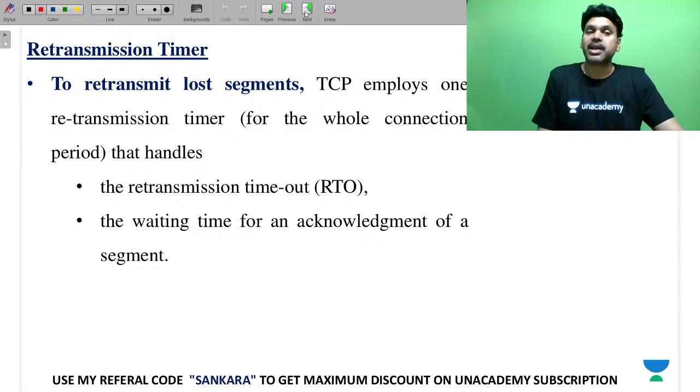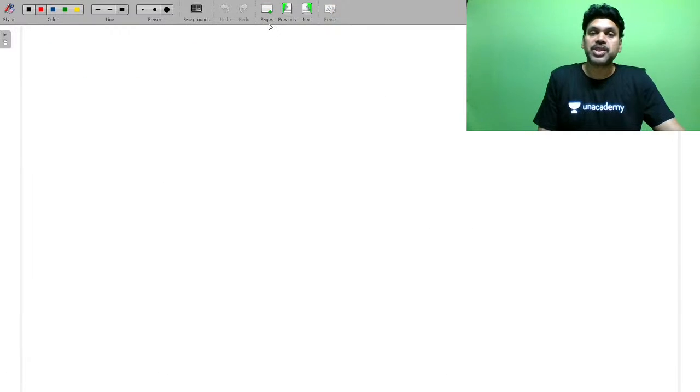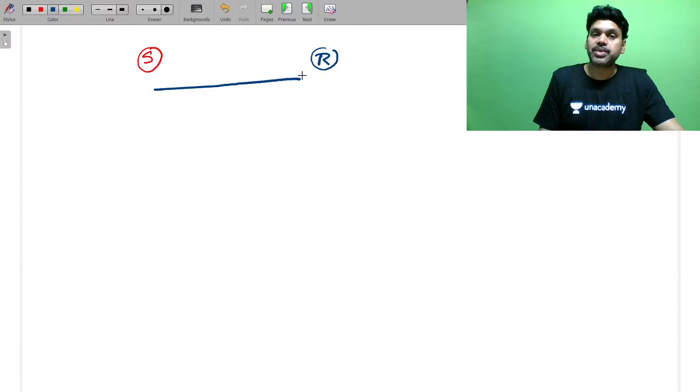So what is a retransmission timer? First, let me show you what a retransmission timeout timer is so that you will understand. Here is the sender and the receiver TCP module. The sender has issued one segment, and whenever you push a segment we use a timer, no doubt.